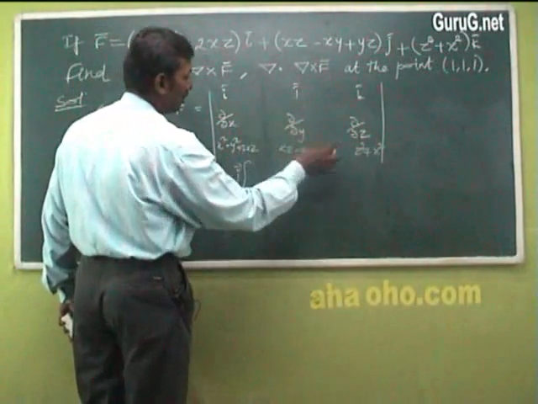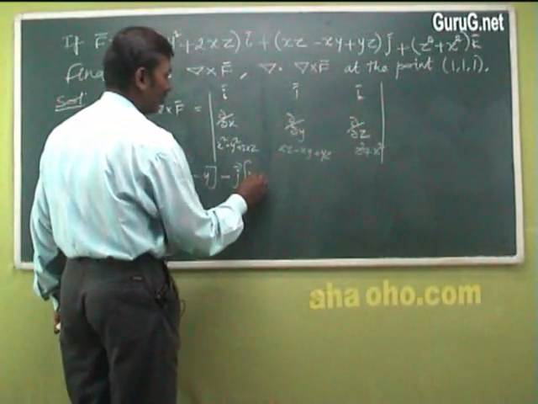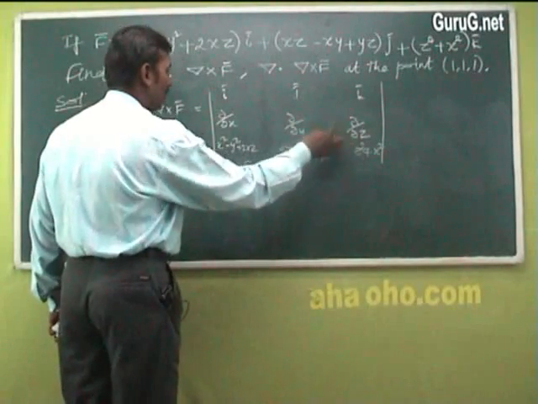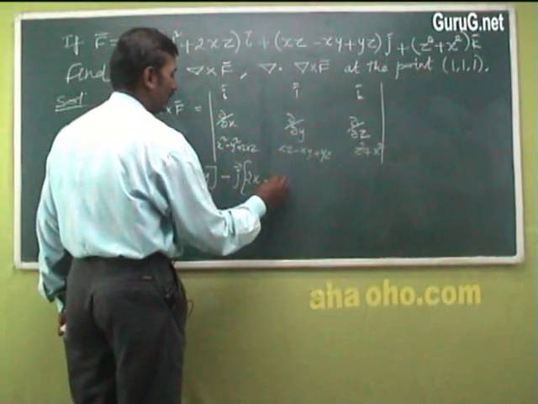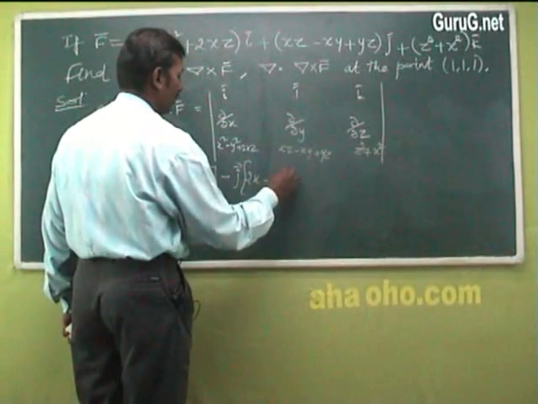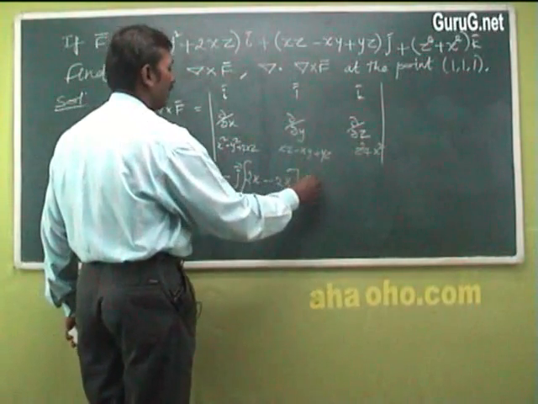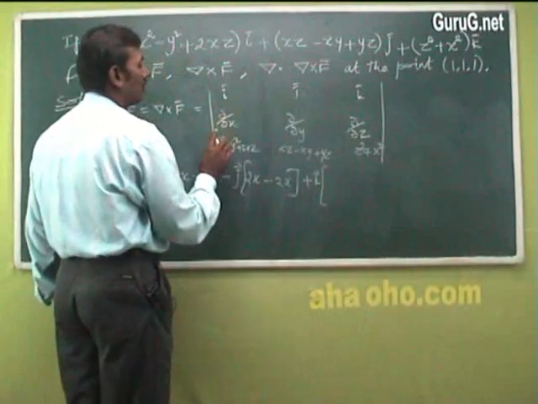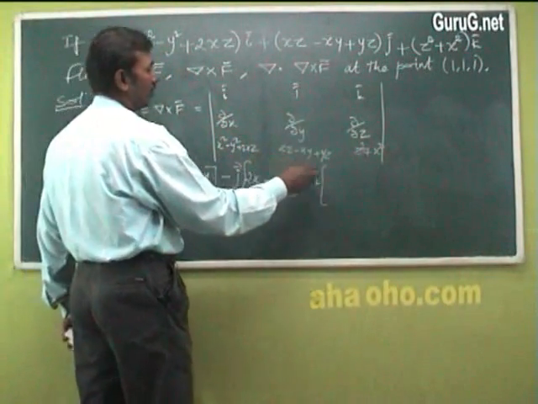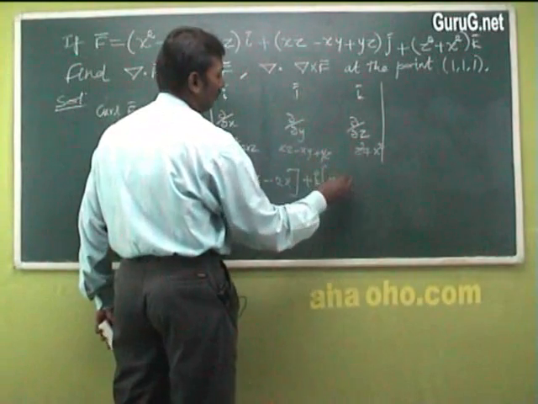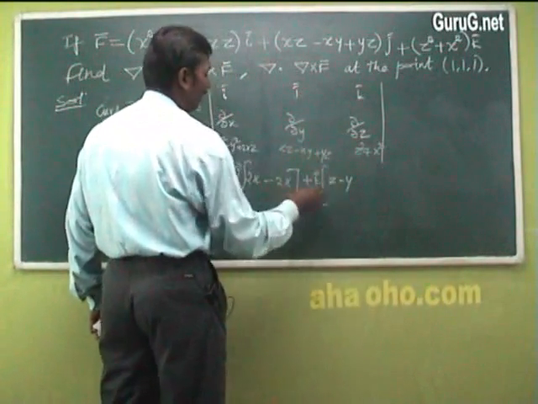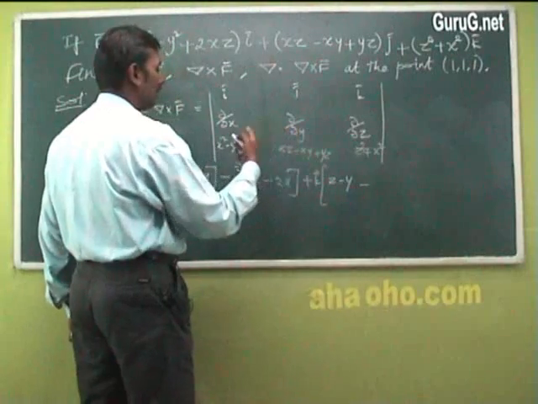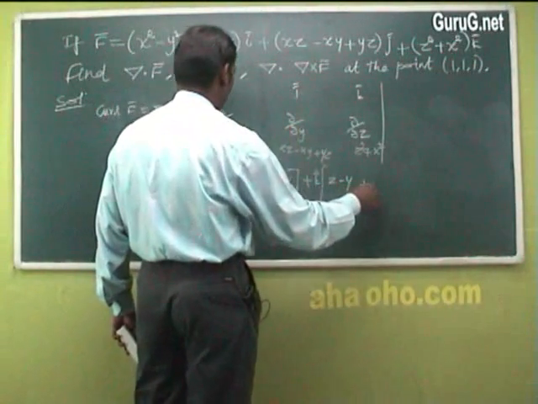So dou by dou x of this, 2x, minus dou by dou z of this, minus 2x. Then plus k vector into, omit this column and this row. So differentiate with respect to x, z minus y, and minus differentiate with respect to y, so plus 2y.